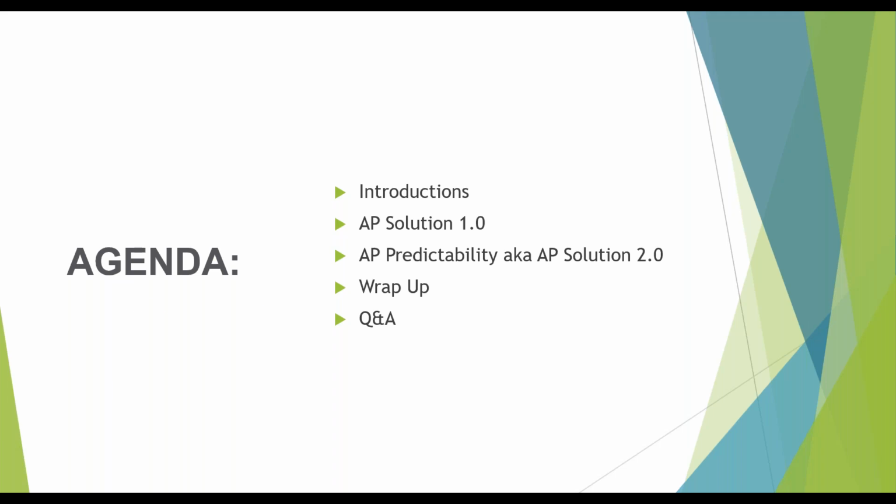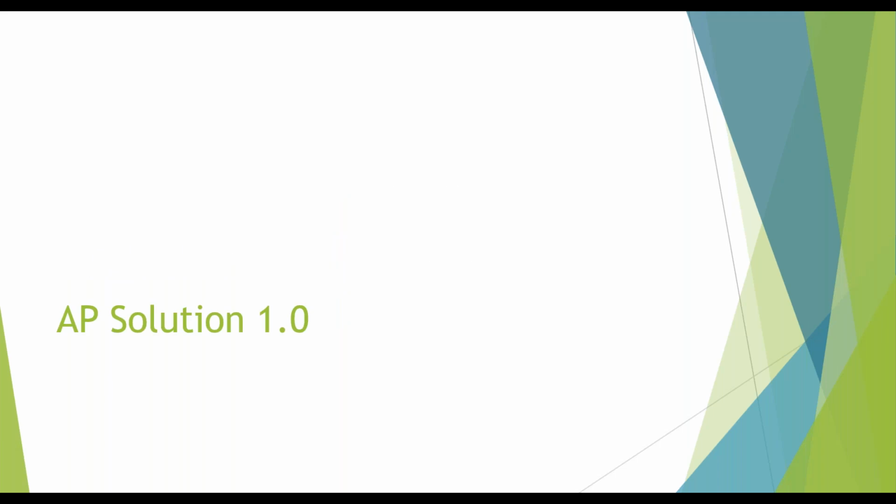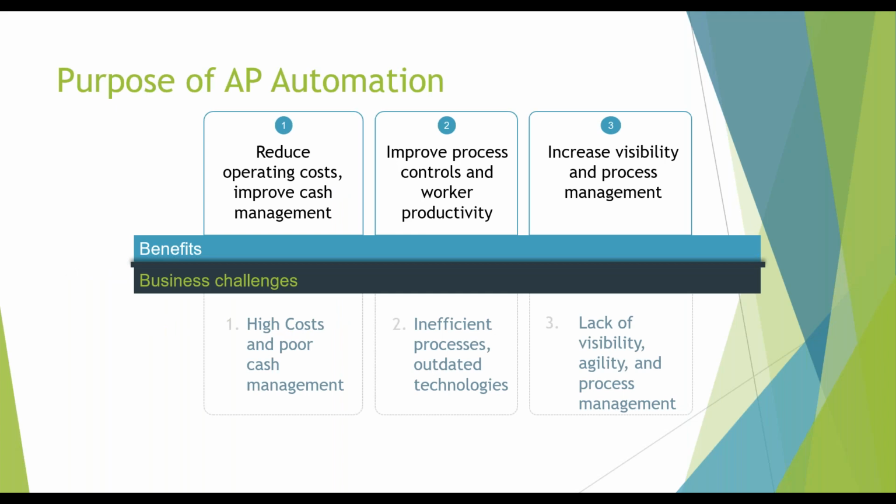All right, let's start it off. So what is AP Solution 1.0? Well, a lot of us have realized the purpose and the pain behind that. The big thing is we need to get some continuity. We need to make sure that if we got an invoice in, it was properly scanned in or received into our system, went through the workflows, and hopefully got approved on time and took advantage of any discounts that may be applied.